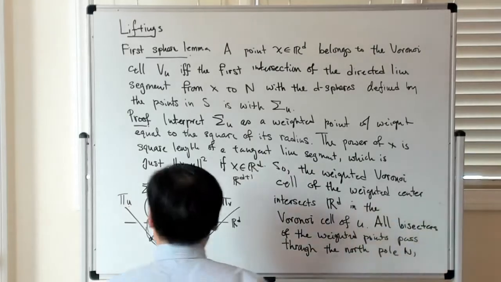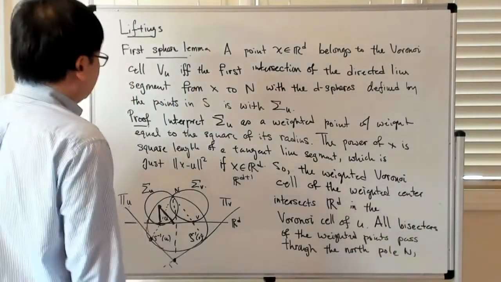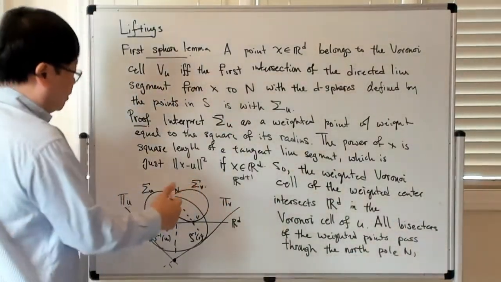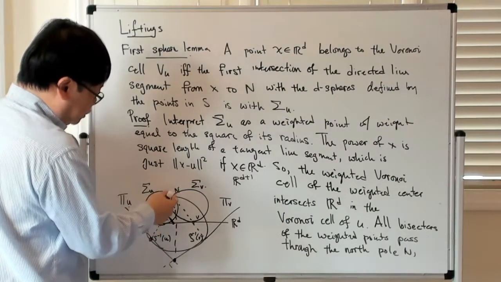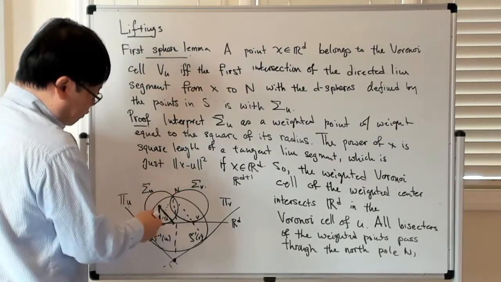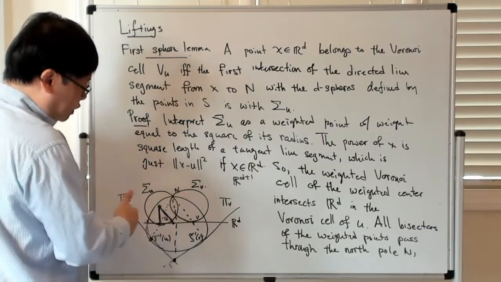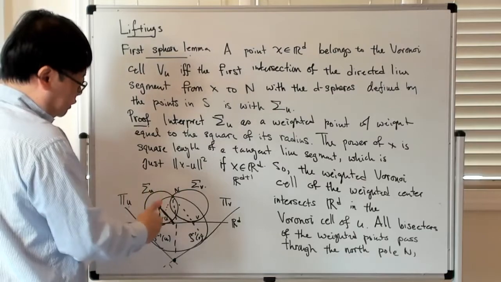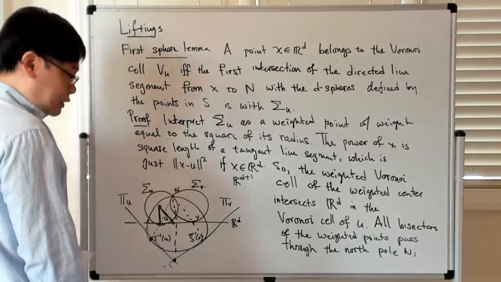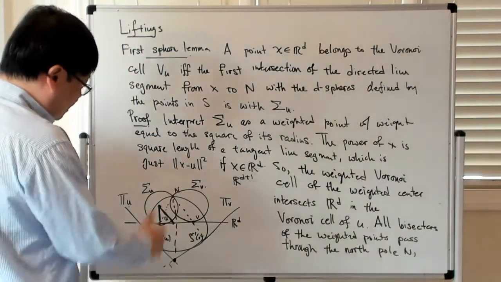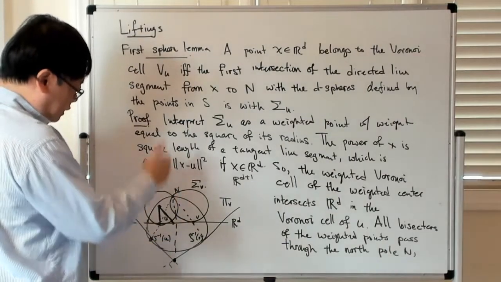And then basically, this first sphere lemma says that you go from this point X to the North Pole, and based on where you intersect first, whether it's this sphere or this sphere, you're either to the left or right of the bisector.